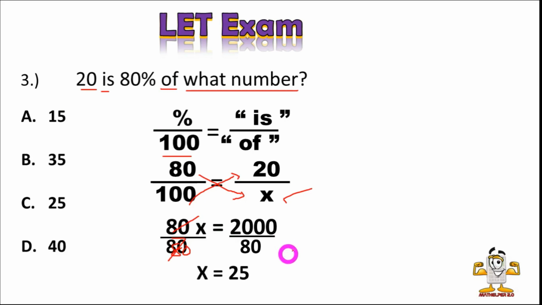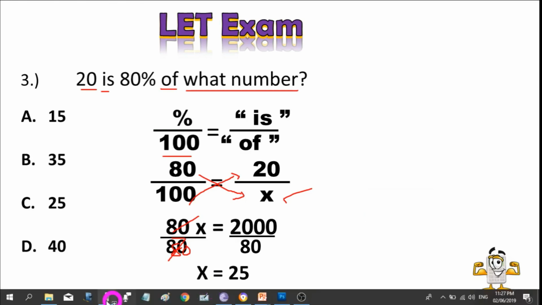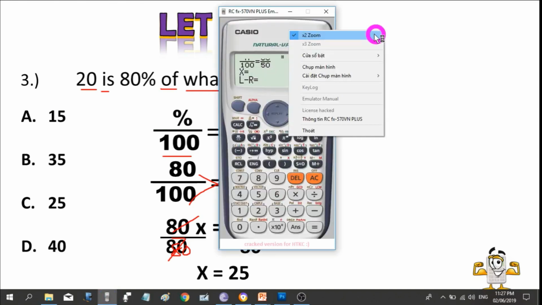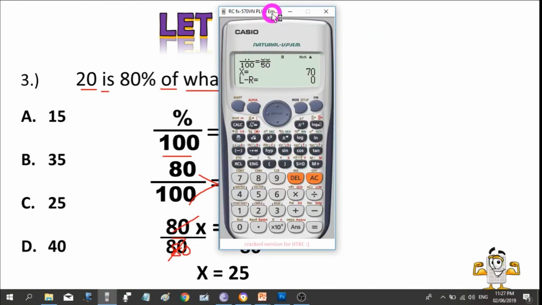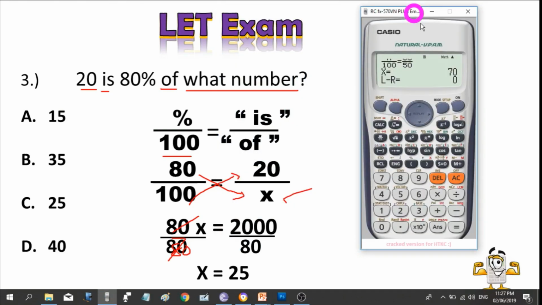So, pwede rin natin calculate yan using calculator para po madali po. So, allowed naman po tayo na gumamit ng calculator during exam. So, gagawin lang po is, input lang po natin tong formula na to. So, 80 over 100, alpha x para makuha po yung equal sign.